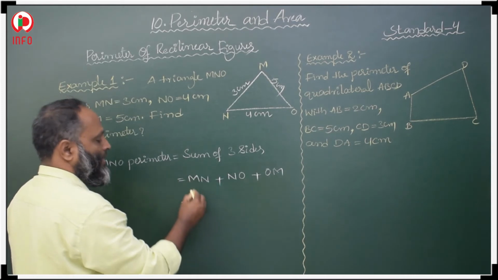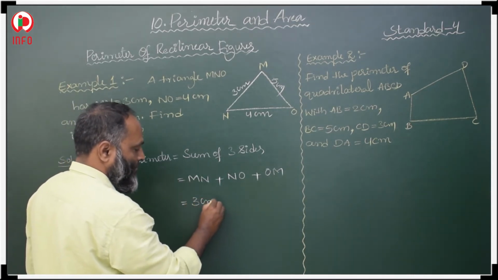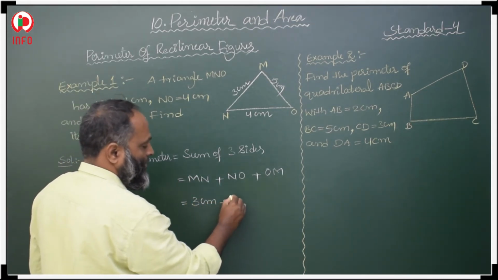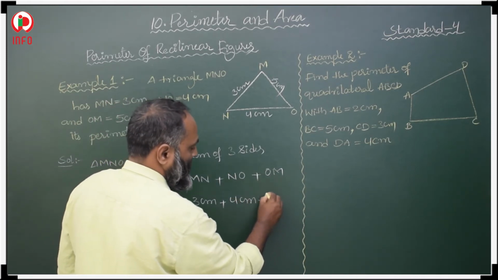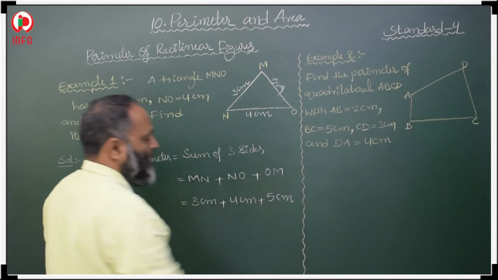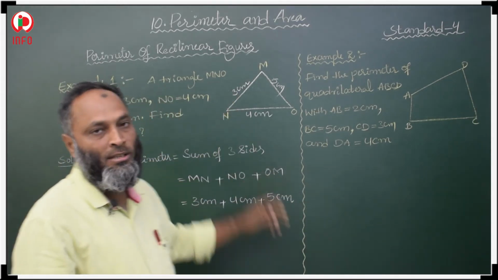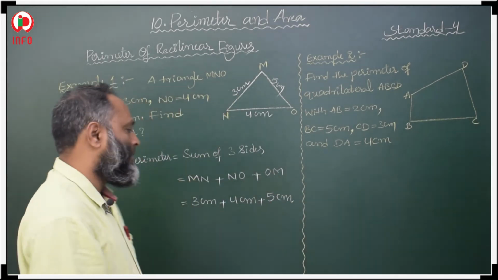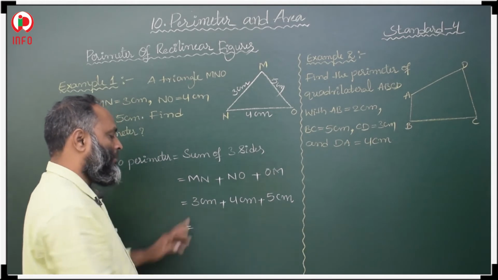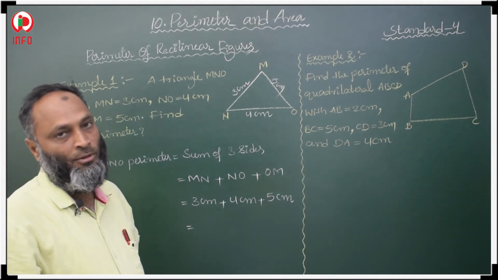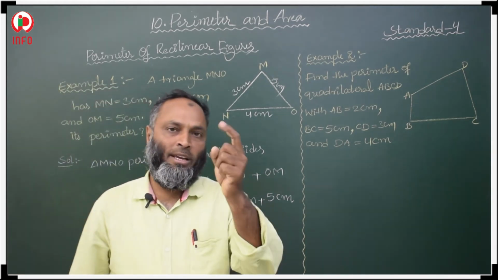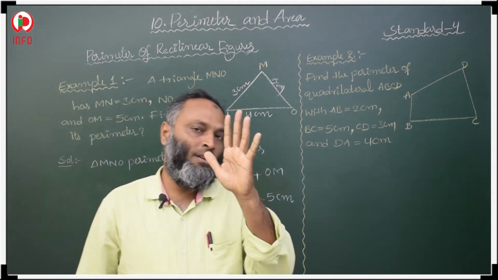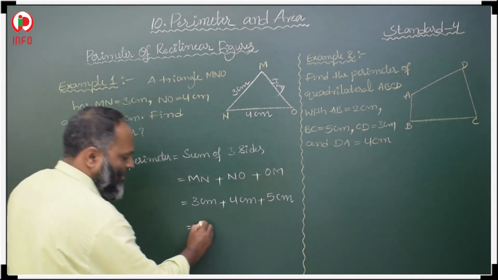Then MN length is 3 centimeters, NO length is 4 centimeters, OM length is 5 centimeters. All these 3 sides we should add. So what is our sum? 3 plus 4 is 7, 7 plus 5 is 12 centimeters.